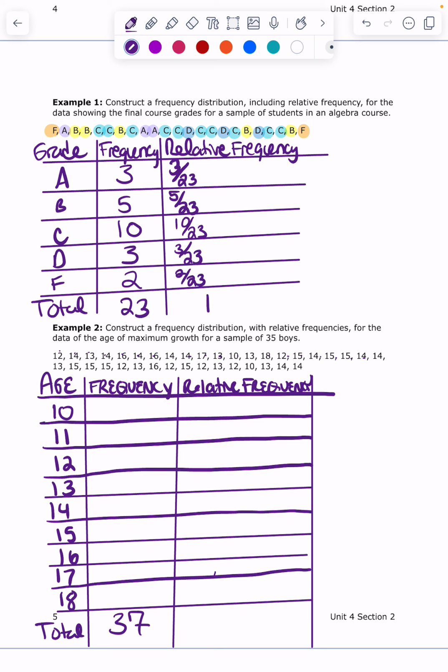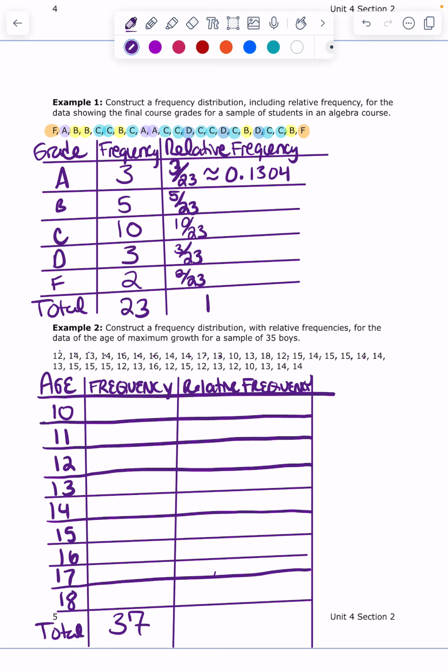And the relative frequency should always add up to 1. So 3 divided by 23 is approximately, and I'm using squiggly equals instead of regular equals because it indicates to the reader that it's not exactly the number that I'm going to put down, 0.1304. I rounded to 4 decimal places.